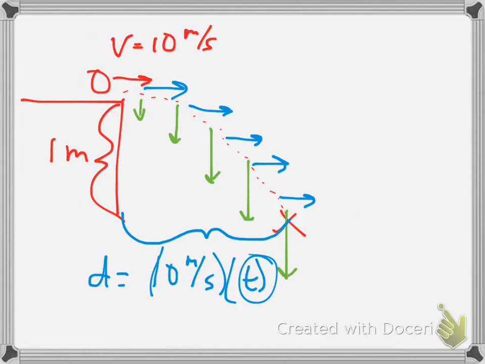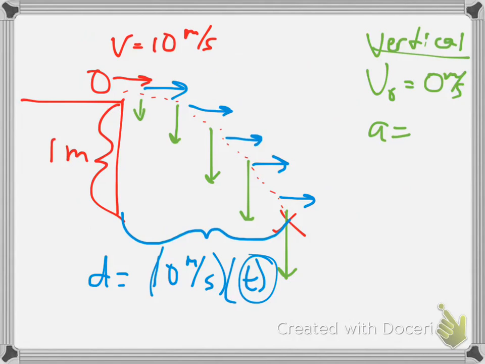Well, we can use the fact that the vertical component starts off at rest. So we have to say, okay, in the vertical direction, and we're going to do this in green. In the vertical direction, the initial speed is 0 because it's all going off the table to the right.